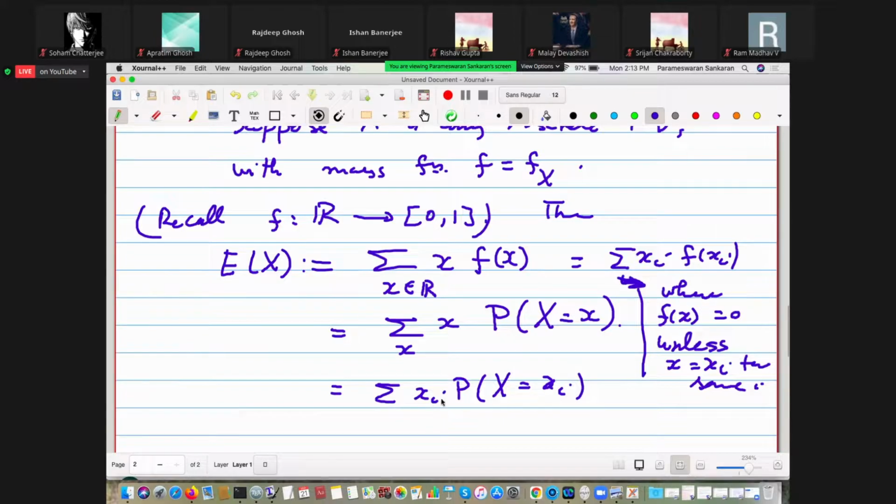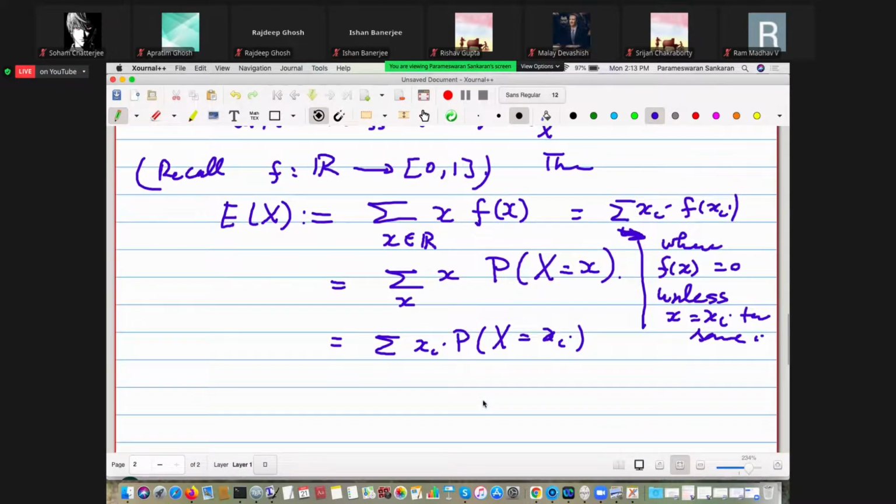This x_i is like your stake. You may gain or lose. That number is what you would like to have as x_i. And if X is a random variable for which the payoffs for that game are x_i, then summation over i of x_i f(x_i) is by definition the expectation.